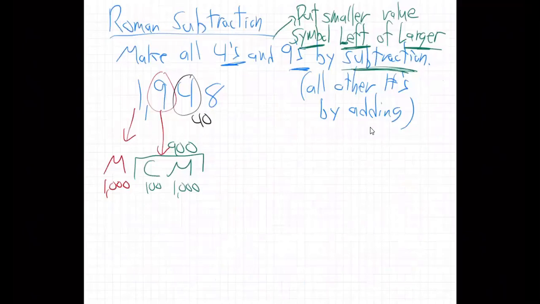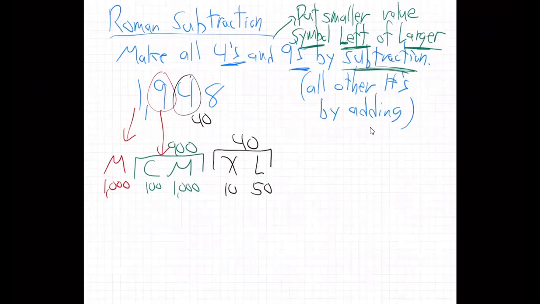So let's come back in here and let's make 40. So the L is 50, so it's going to be XL, because that's, whoops, that's not correct. It's 10 in front of 50. So there's our 40.